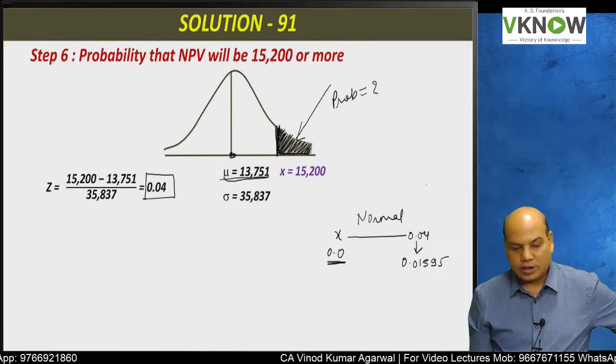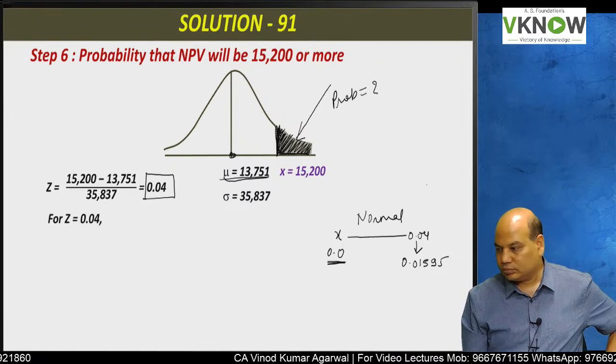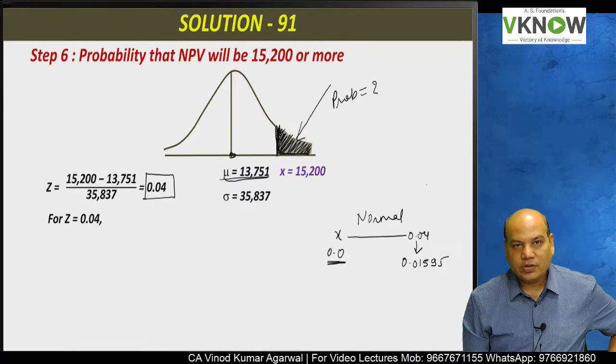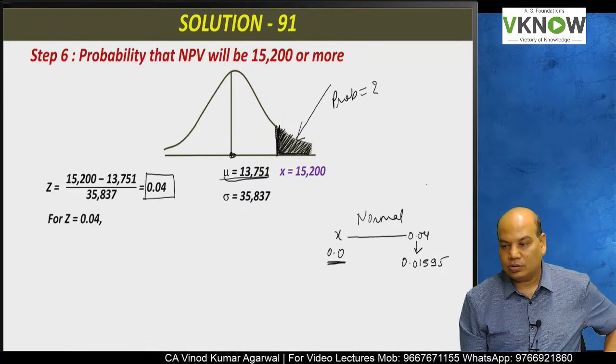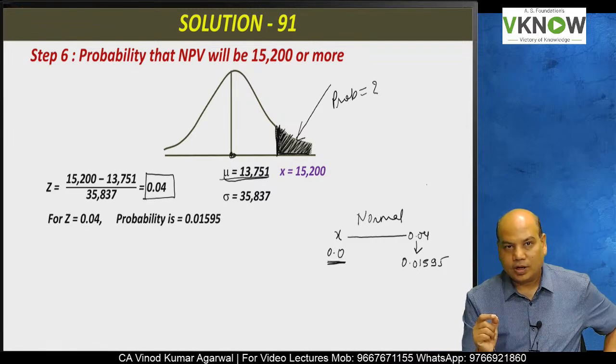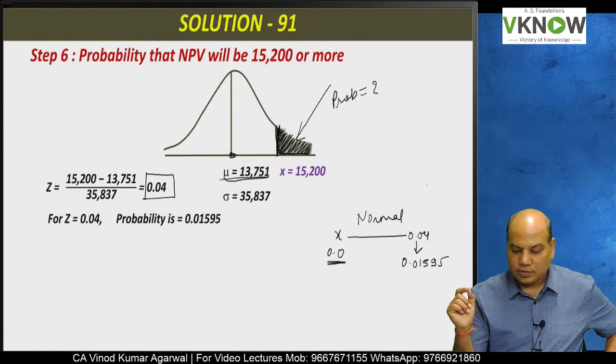Are you able to locate it? Yes. Then write, for Z equal to 0.04, probability is 0.01595.